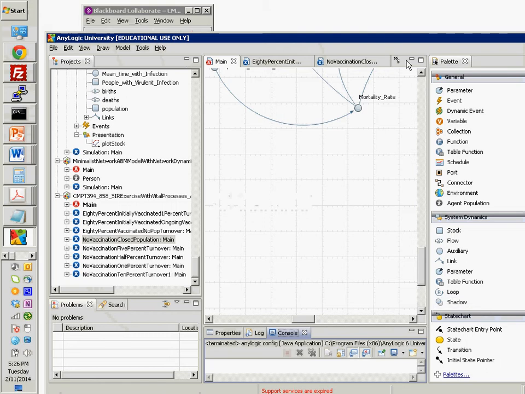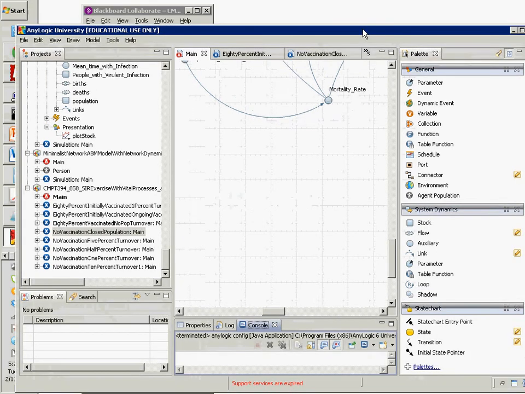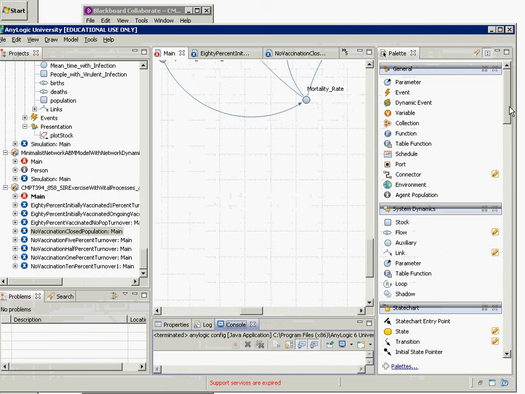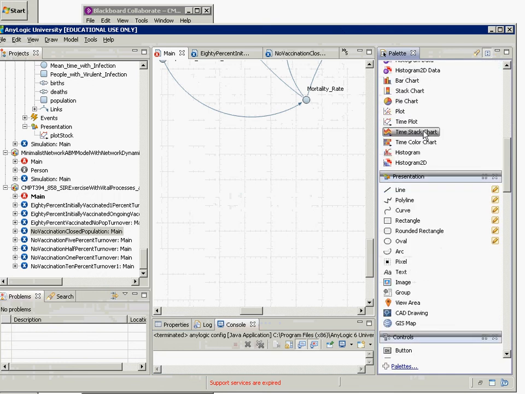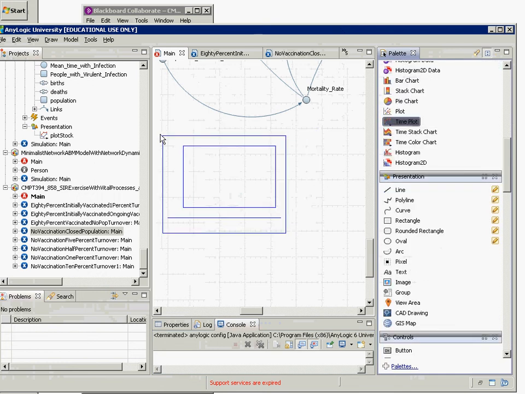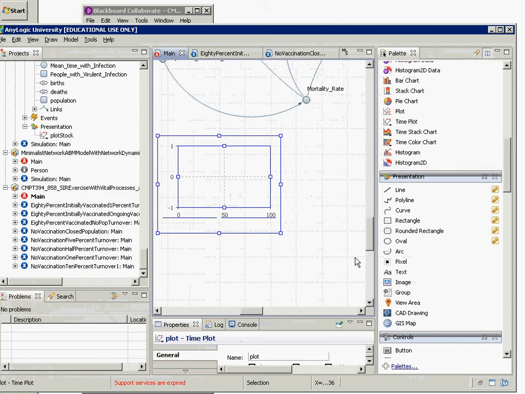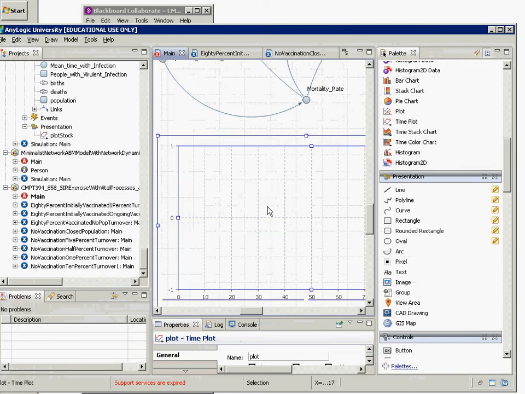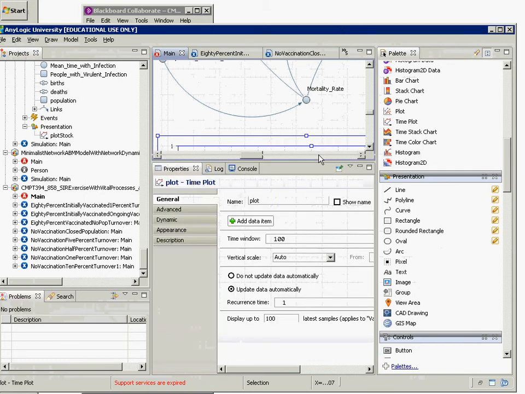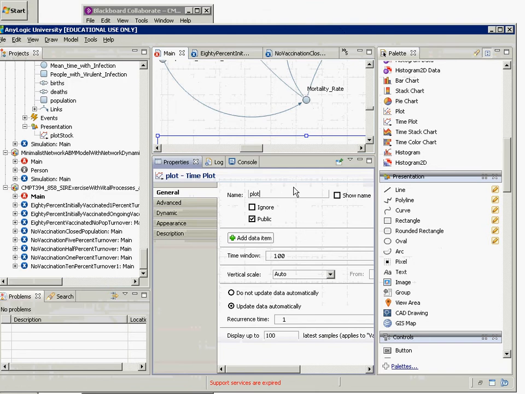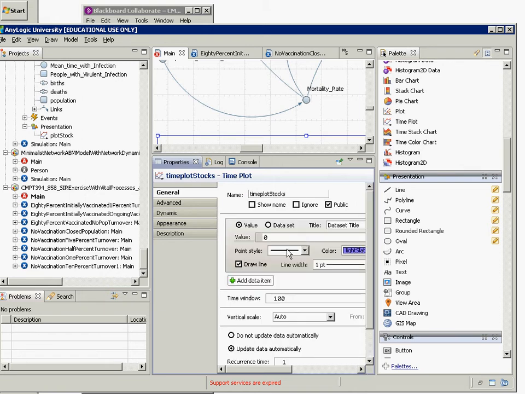So I'm going to instead add a time plot in. I'm going to add a plot that will plot out the value of one or more variables over time. So here I'm going to add a time plot, and I'm going to tell it, okay, go and plot out a few of the state variables. So I'll call it time plot stocks, okay? And we're going to add a data item. And what data item is it going to be? It's going to be susceptible.